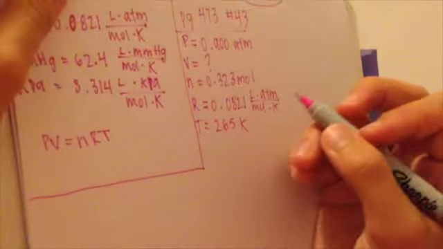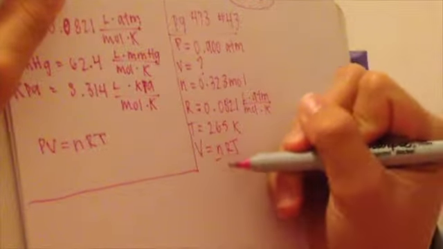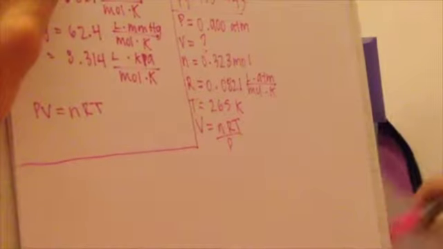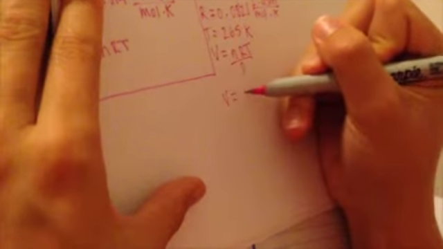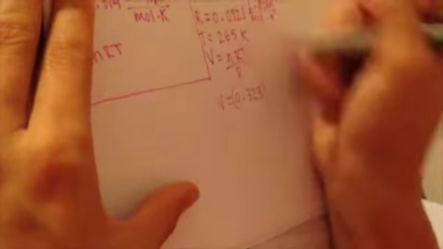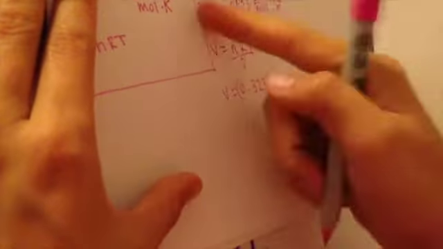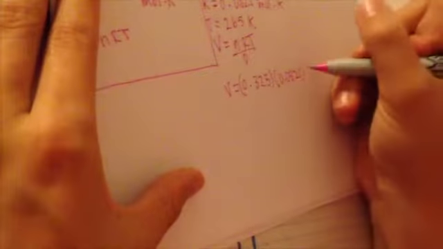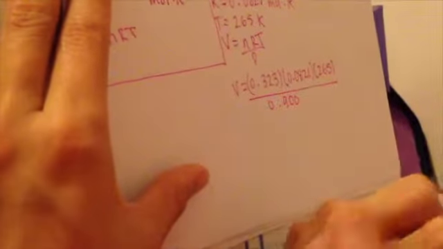Okay, so since we're solving for volume, the equation is V equals nRT over P. So we plug in our numbers. V equals 0.323, that's the amount of moles, times 0.0821, which is R, our ideal gas constant, times temperature, which is 265, over pressure, which was 0.900.